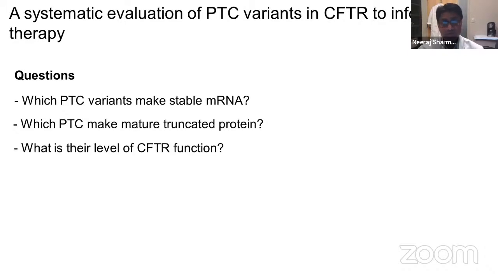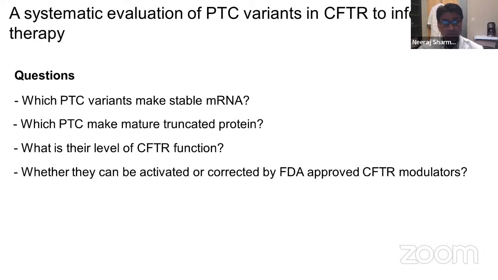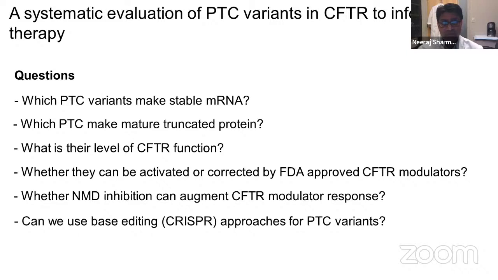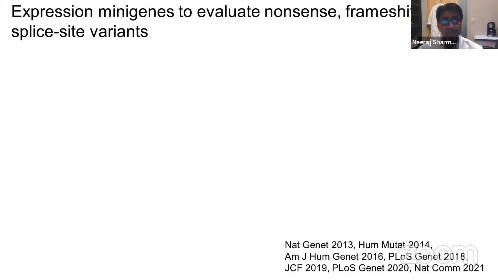What is their level of CFTR function? Whether they can be activated or corrected by FDA-approved CFTR modulators, whether NMD inhibition can augment CFTR modulator response, can we use base editing approaches for these PTC variants? I'll try to give data on some of these questions that I have been asking.